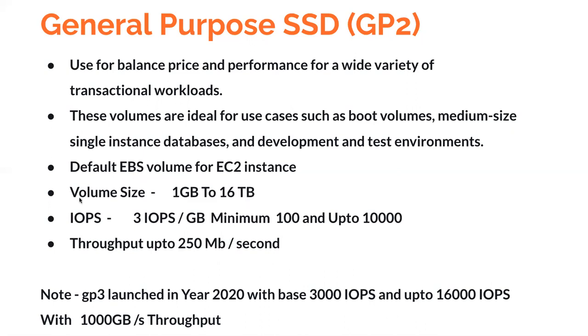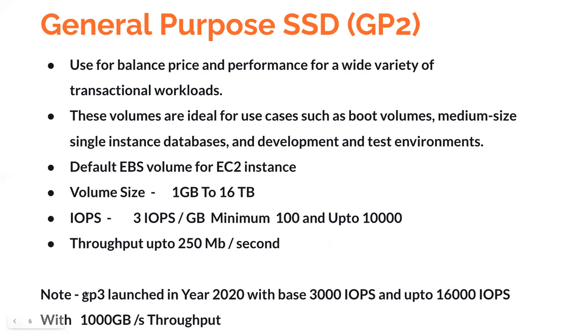IOPS means input output operations per second. We will get 3 IOPS per GB, minimum 100 IOPS. We will see this part in our AWS console, and you can get up to 10,000 IOPS. The throughput per volume is up to 250 MB per second.